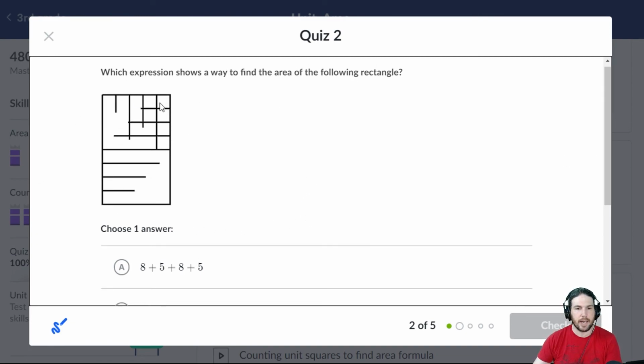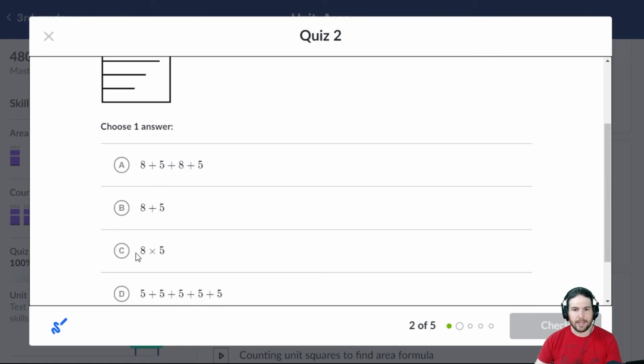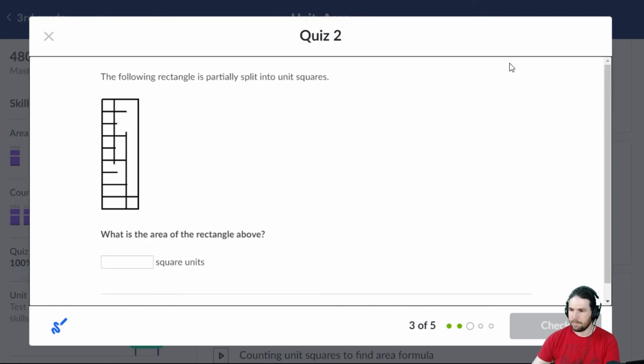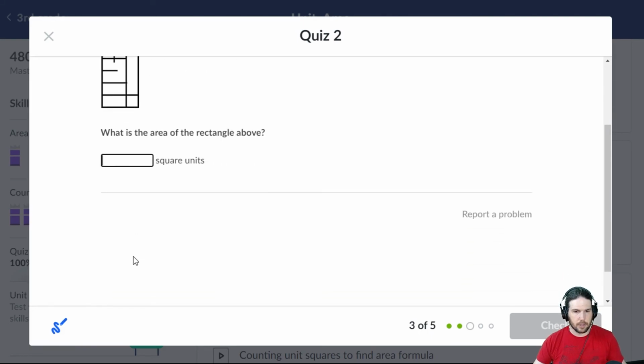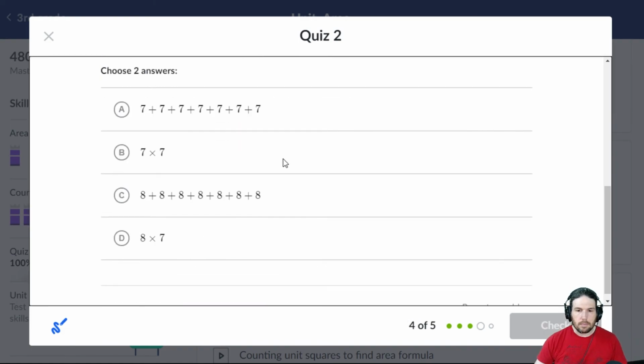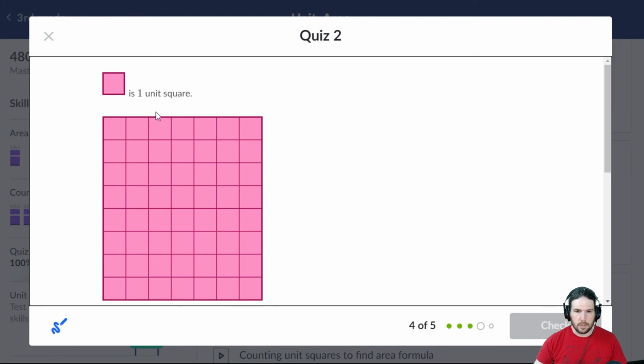I see 5 by 8, which is that. This one is 3 by 1, 2, 3, 4, 5, 6, 7, 8, 9, which is 27 square units. Two, 3, 4, 5, 6.